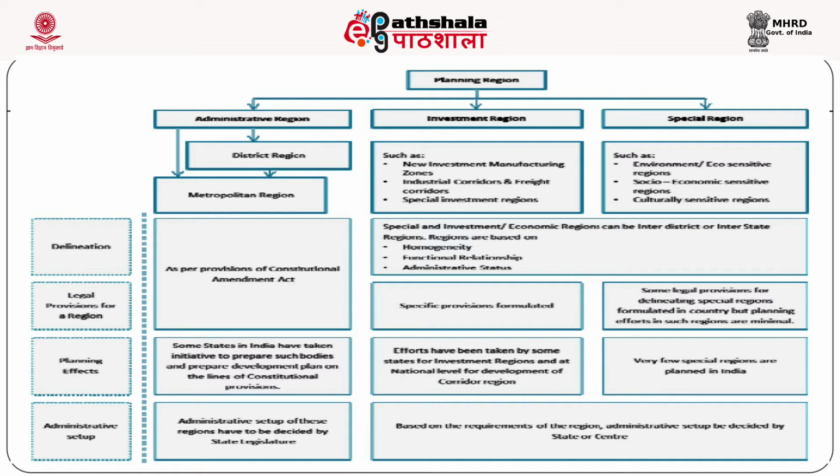So specific provisions are formulated for such regions, and efforts have been taken by some states for the investment regions and at national level for development of the corridor as a corridor region. So we have, for example, the DMIC, the Delhi-Mumbai Industrial Corridor. That is an example of an investment region.